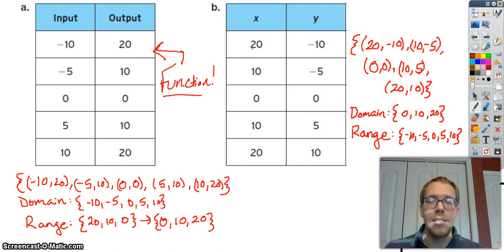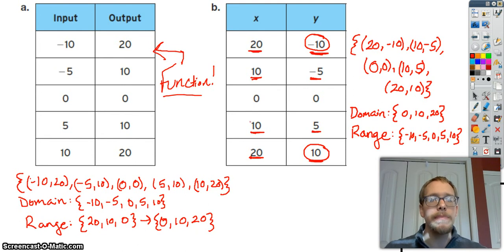The number 20 in the domain is associated with the number -10. But then take a look down here, a couple rows down in our table, we have the number 20 again. And it's associated with the number +10. We have the same input value associated with 2 different output values. And take a look at 10. The number 10 is associated with -5, but then if you take a look at it again, it's associated with the number +5.